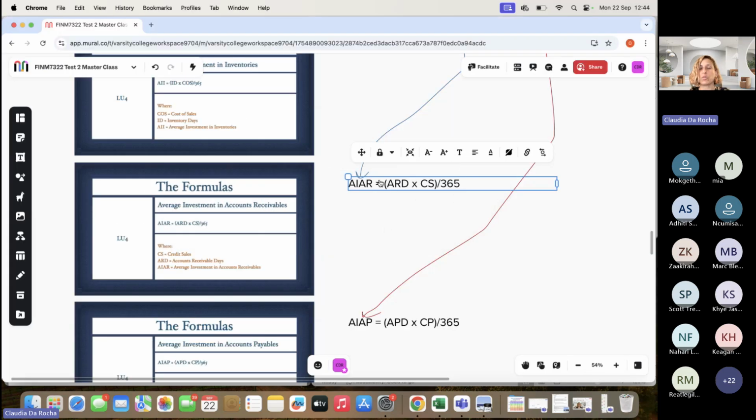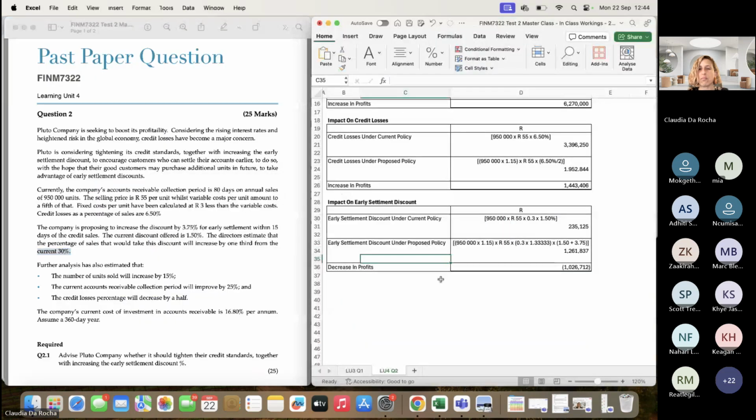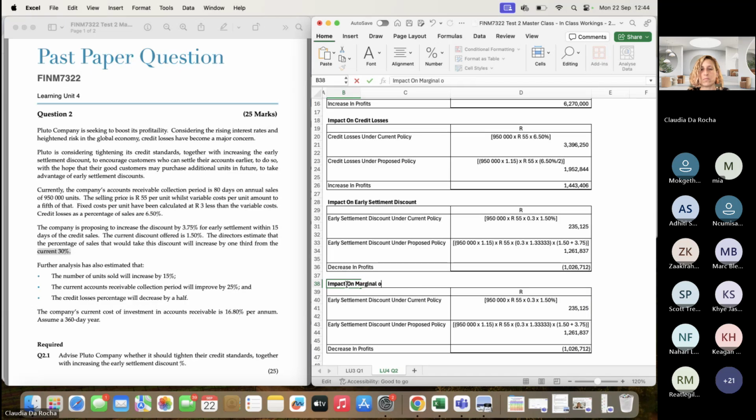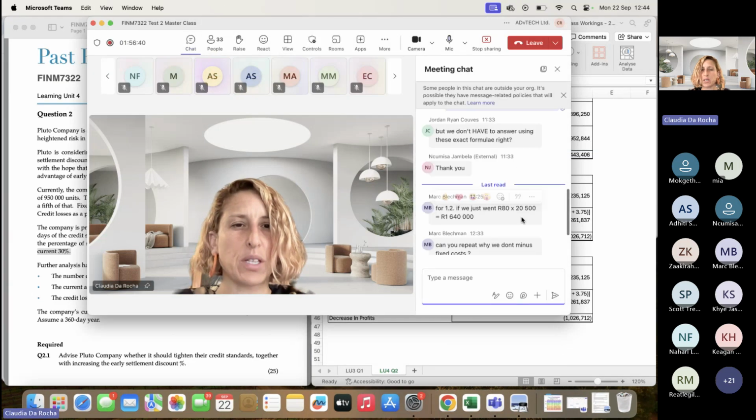This one here for average investments in accounts receivable. I just want to check something.